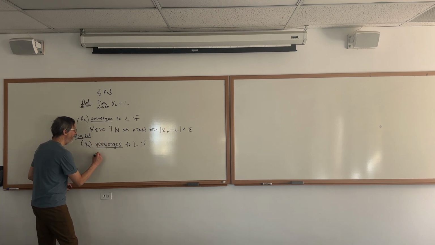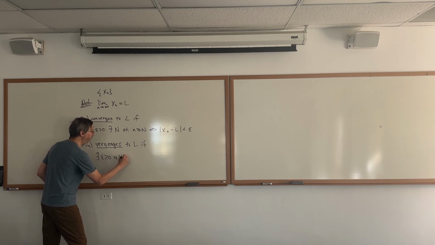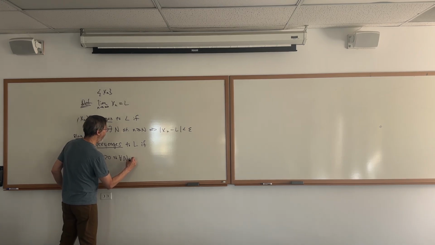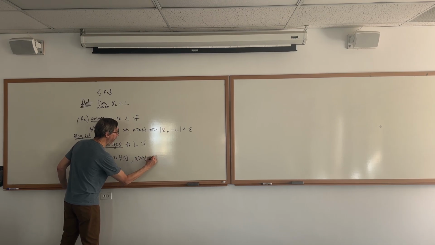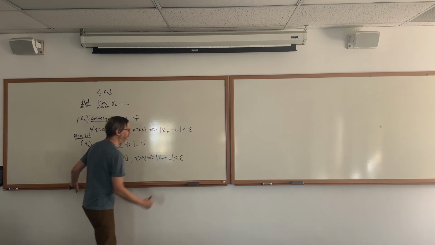If there exists an epsilon greater than 0 such that for all capital N, that's a natural number, little n bigger than capital N implies x sub n minus L is less than epsilon.